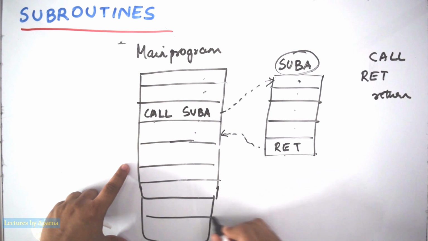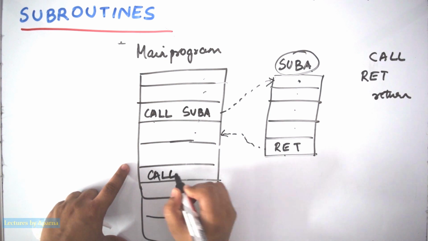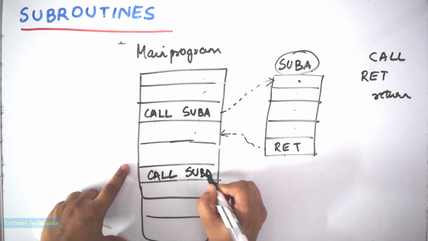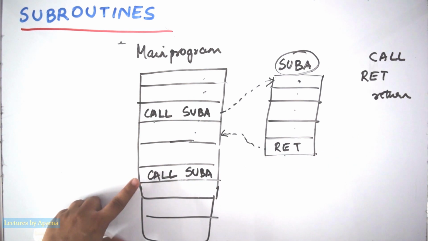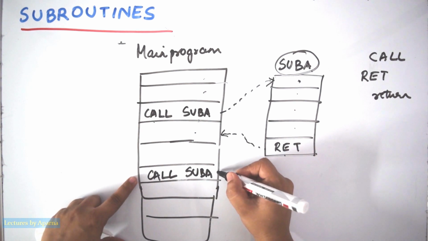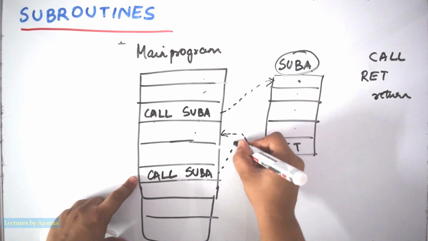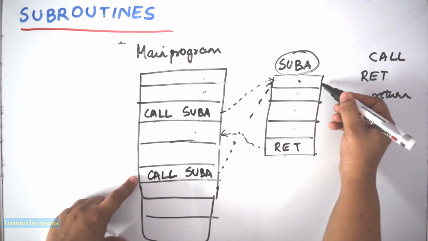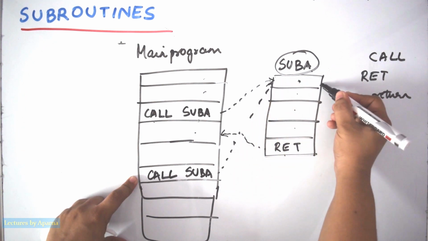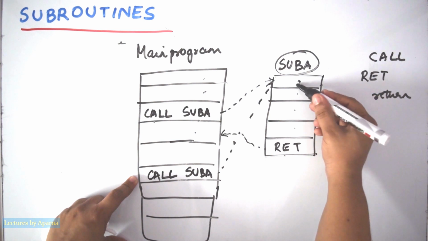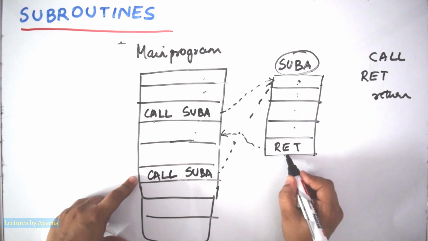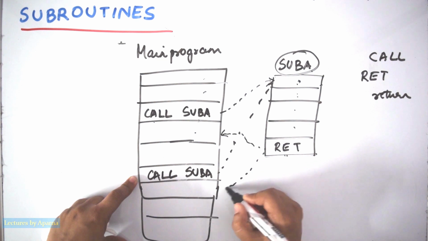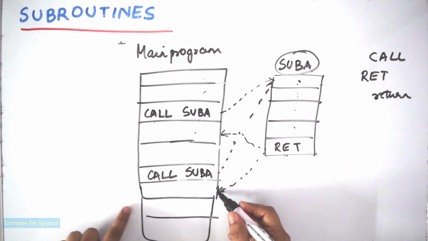And now if somewhere here you are calling the sub A again using the call instruction, what is happening? After you call the sub A again, it goes to the first instruction of the sub A, and then this will be executed, and when it comes to return, it will come back to the main program.